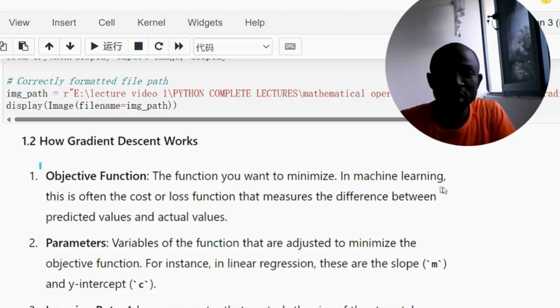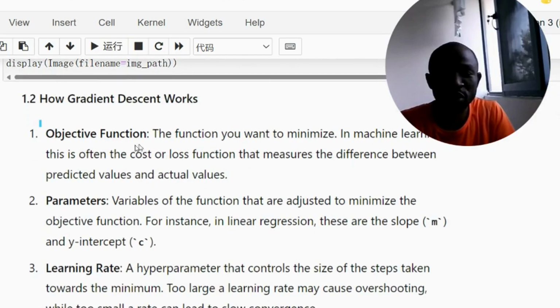In machine learning, this is often the loss function that measures the difference between the predicted value and the actual value. Last time we calculated the difference between the predicted value and the actual value. That was the loss function. Secondly, the parameters.